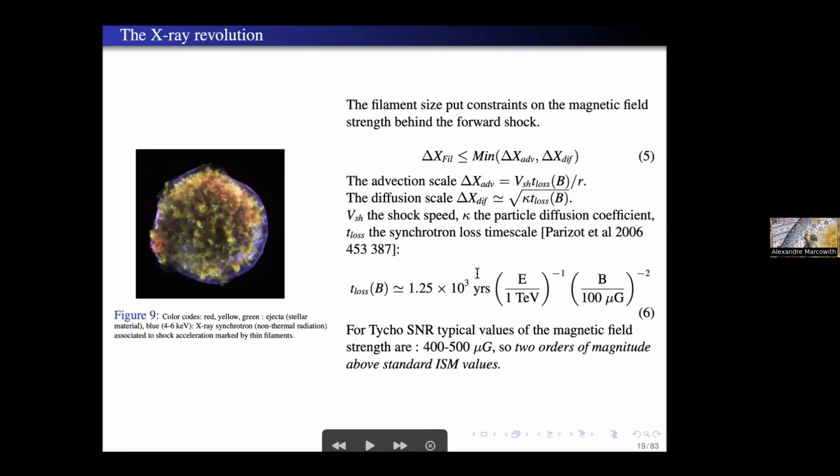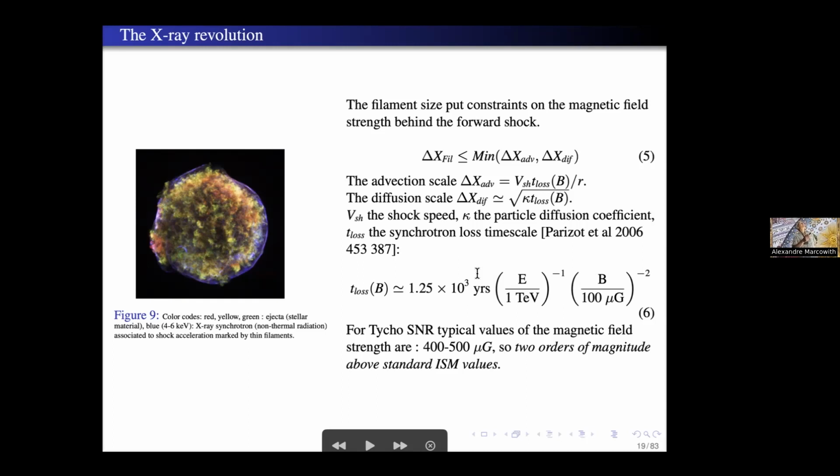I just want to come back for a bit on this X-ray image, because it's nice, and because as you can almost resolve the filament size, you can put some constraint on the magnetic field behind the shock. And this, I thought, is a very nice result. Basically, the filament size has to be smaller than two lengths.